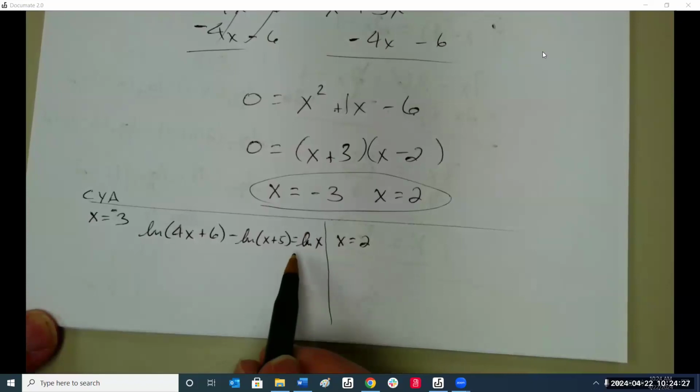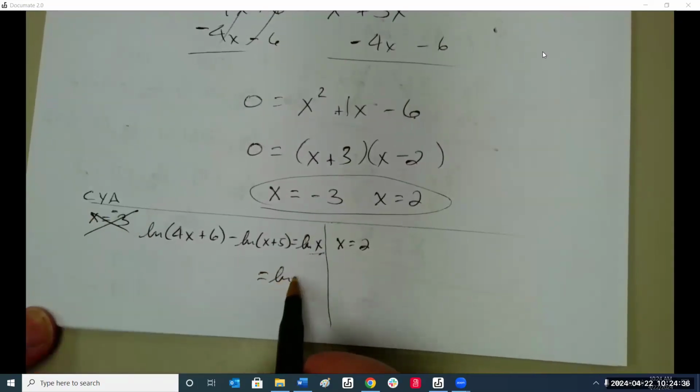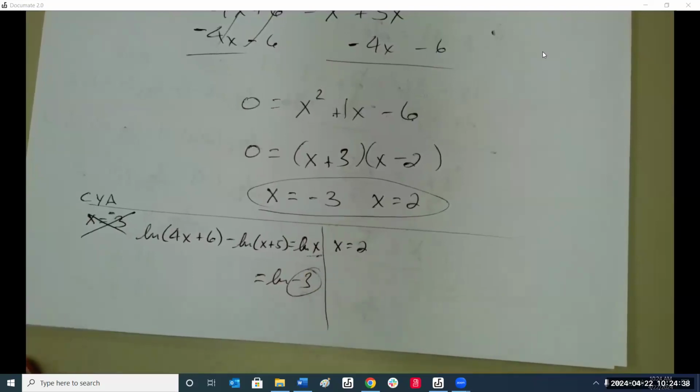Well, I would have said because you have ln of -3 on this side. Right. So -3 cannot work because you cannot have an ln of -3. The other side would have been -12 plus 6, which is -6.